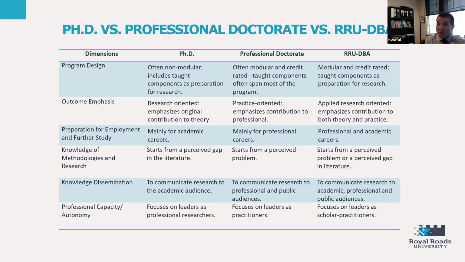For a professional doctorate, you are expected to communicate primarily to practitioners. In a Royal Road DBA program, we encourage you to communicate your research to both audiences, academic and practitioners.